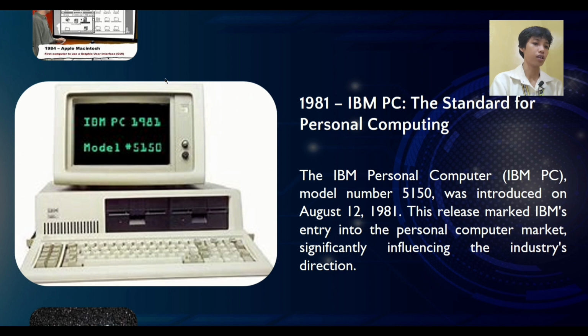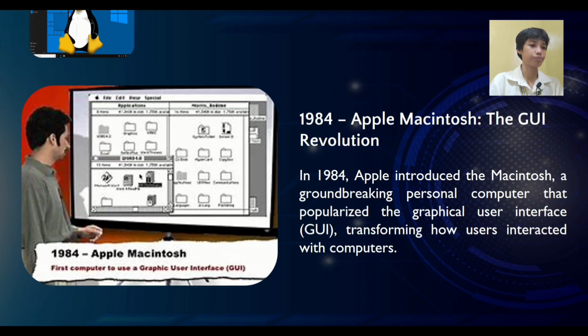This is the only display that you can see. The IBM personal computer, model number 5150, was introduced on August 12, 1981. This release marked IBM's entry into the personal computer market, significantly influencing the industry's direction. So that's how it evolved.